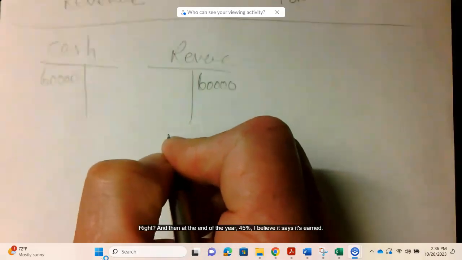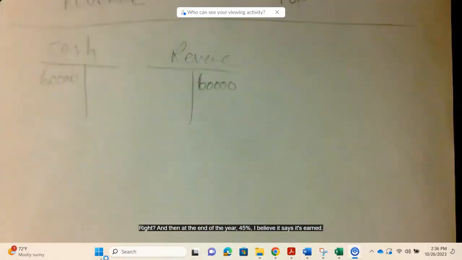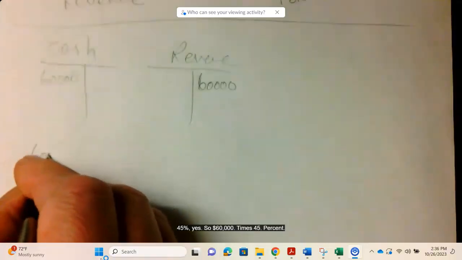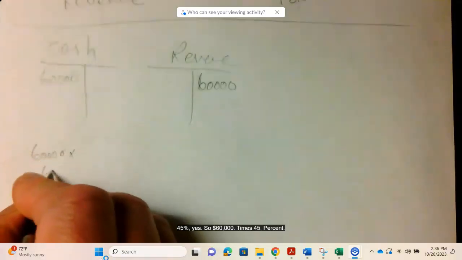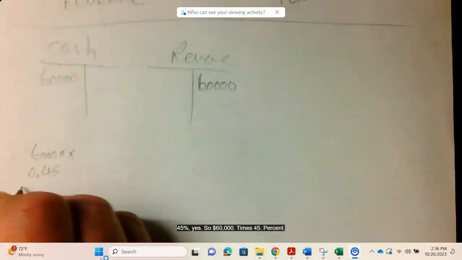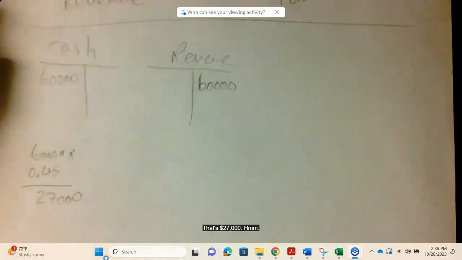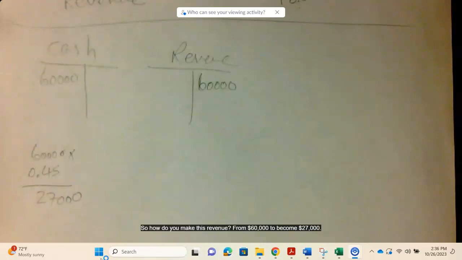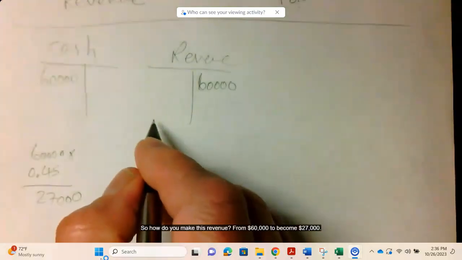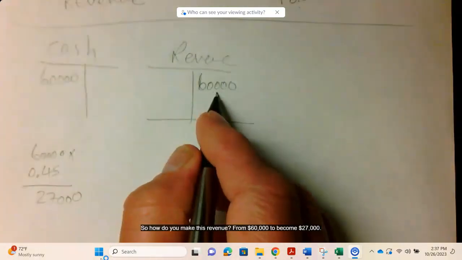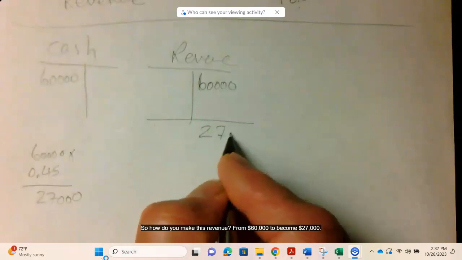And then at the end of the year, 45%, I believe it says it's earned. Let me look at the Word document again. 45%, yes. So $60,000 times 45%, that's $27,000, right? So how do you make this revenue from $60,000 to become $27,000?